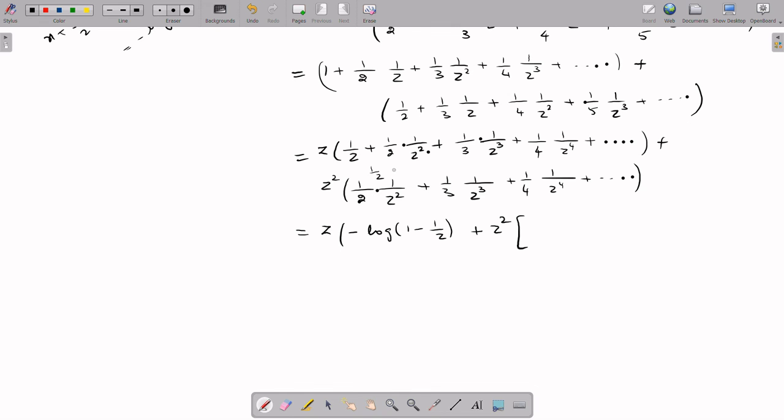Without changing the value, we have to add and subtract 1 by Z, then this value will not be changed, and we can include this formula here.